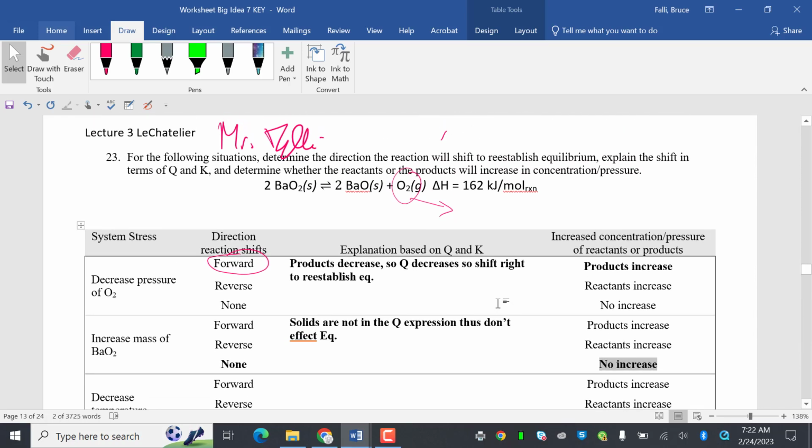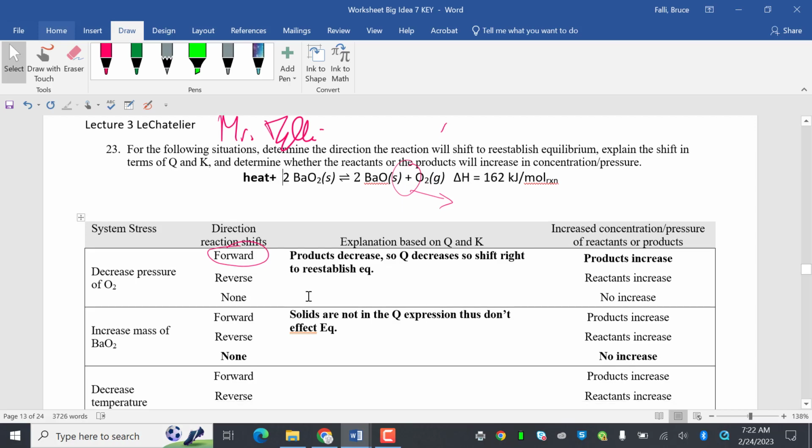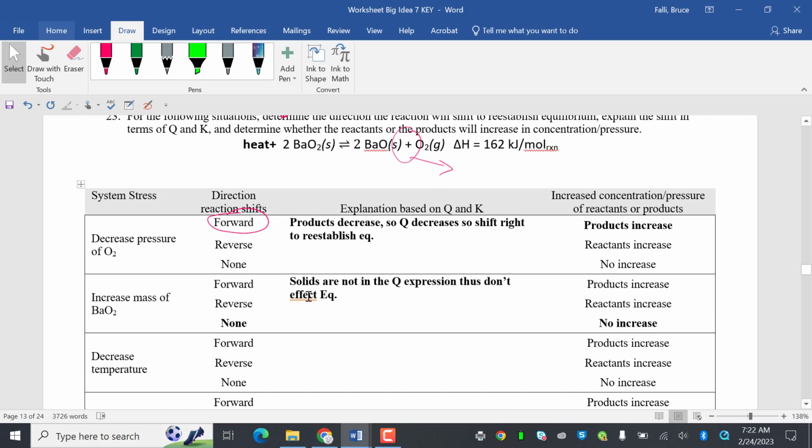Decrease in temperature. Okay, so on this one, delta H is positive, so I'm going to type the word heat on the left. If you decrease temperature, it will shift to the reverse side. Why?